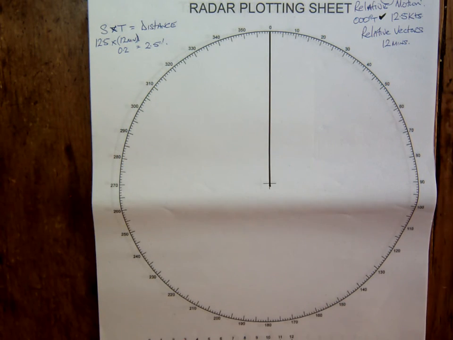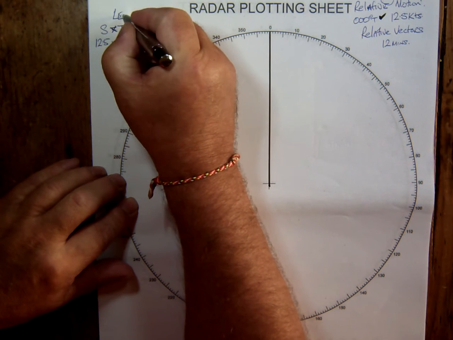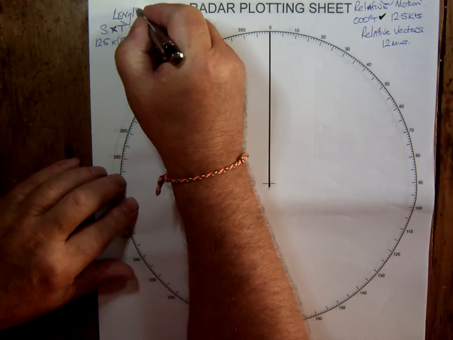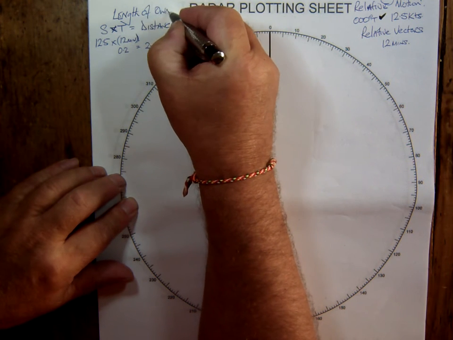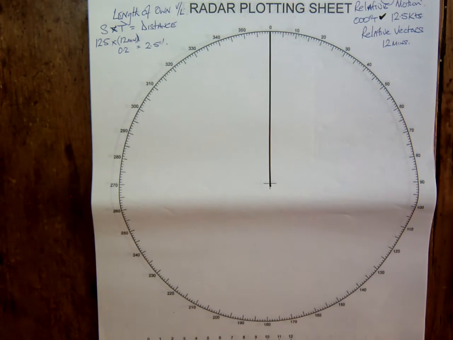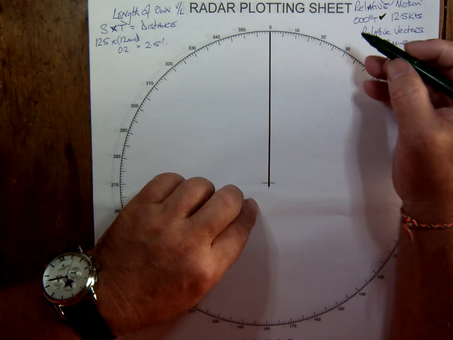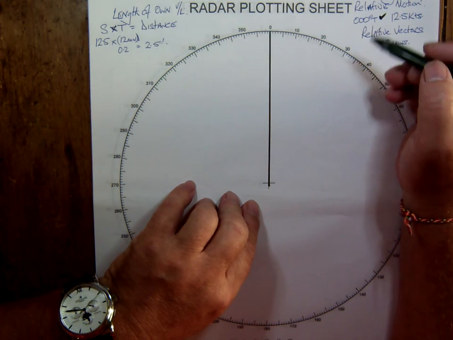And that would be my vector, the length of my vector of own vessel. Okay. So here's my target. She came over on the screen and I picked her up on the 24 mile range.